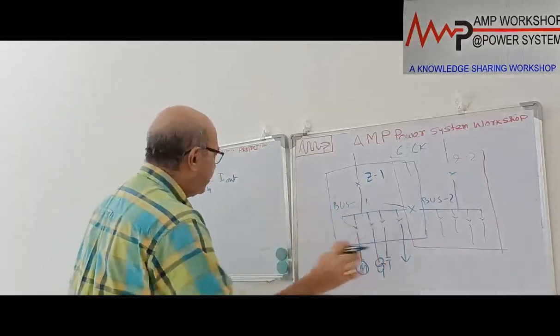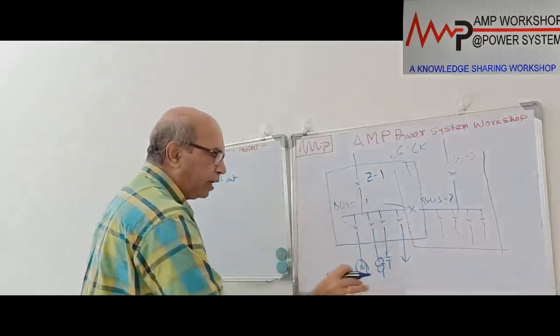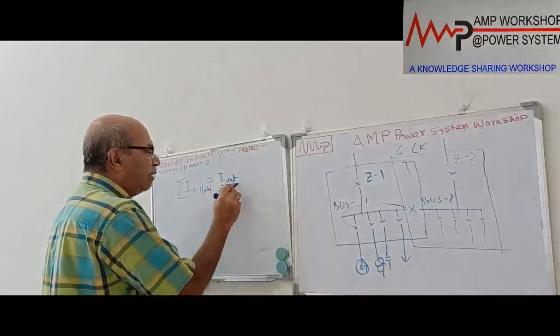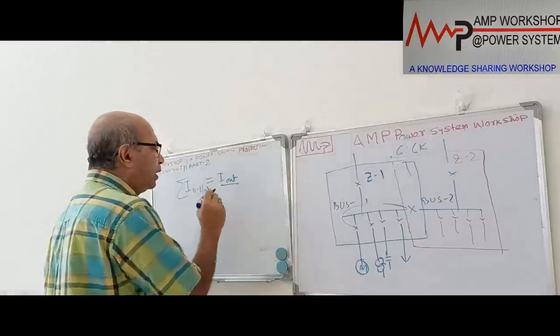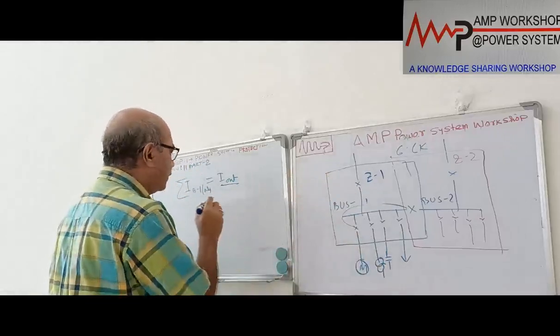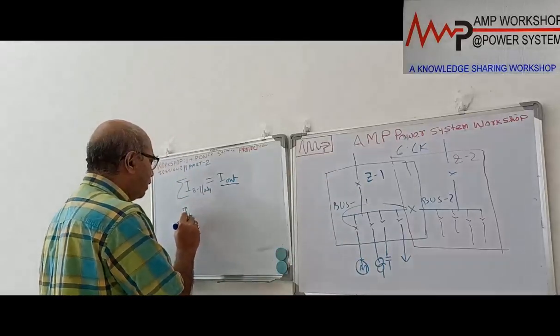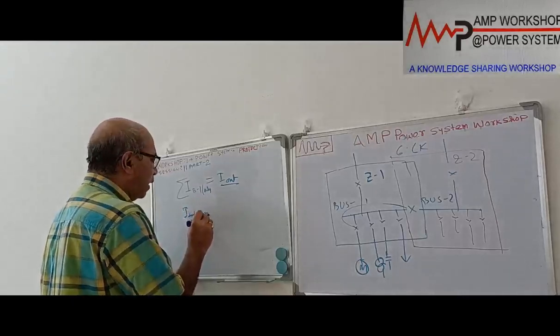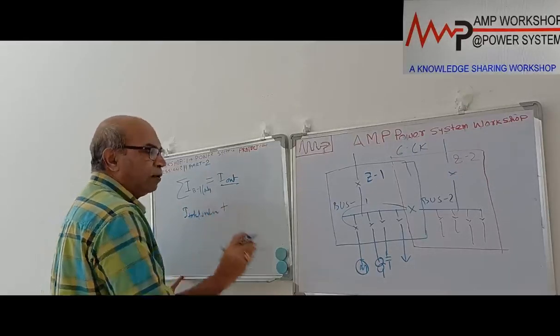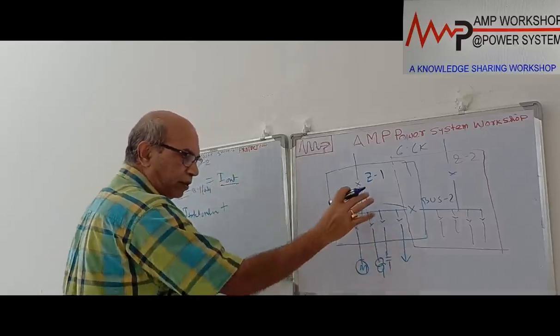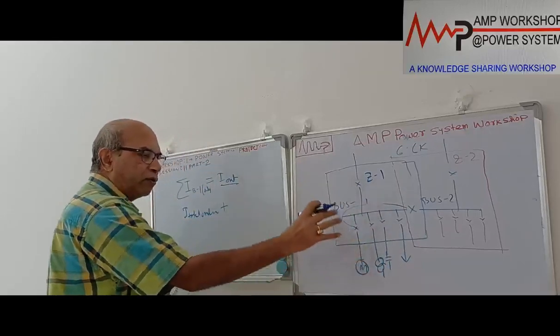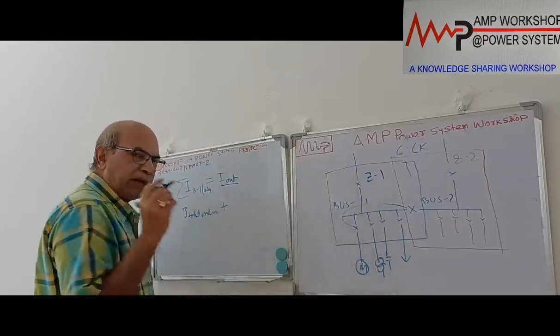This current will be the total running current, as well as this I out will be decided by the normal running current of all the outgoing feeders, I total outgoing, plus the biggest load or the largest load on the outgoing feeder starting current.